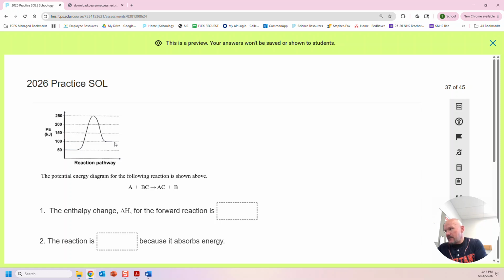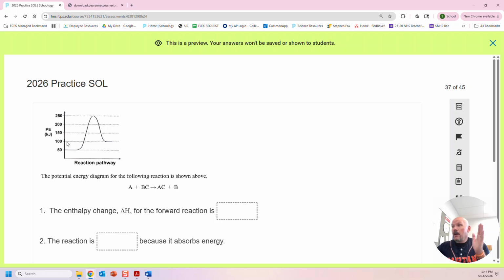It absorbs 50 kilojoules. The reverse reaction releases the same amount of energy, 50 kilojoules. So the forward reaction is endothermic because it's absorbing energy, and the reverse reaction is exothermic because it's releasing energy.